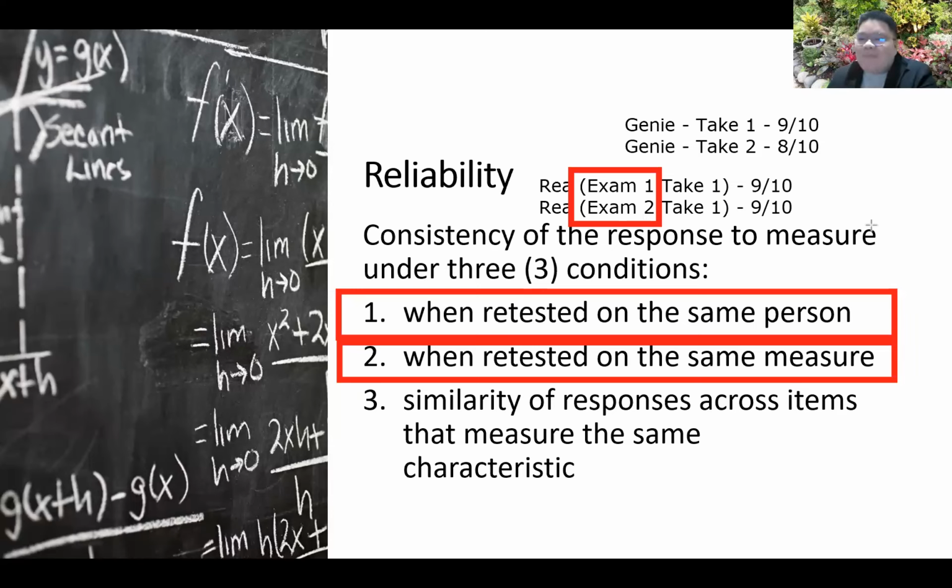So again, when I say the same measures, they could be different exams but they are measuring the same thing.